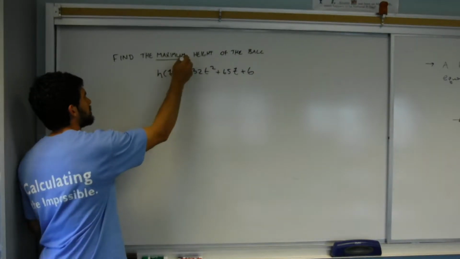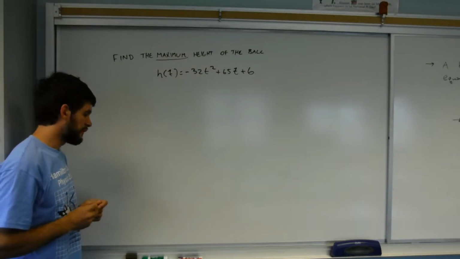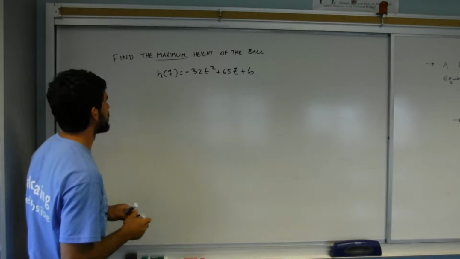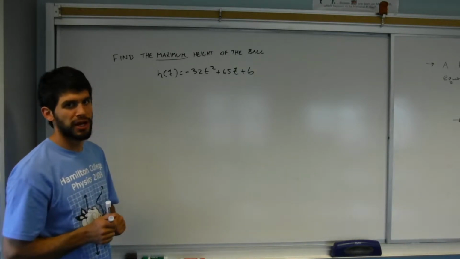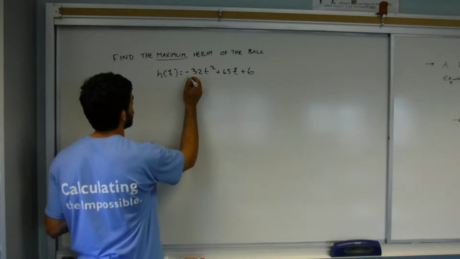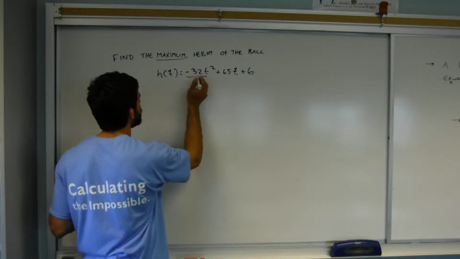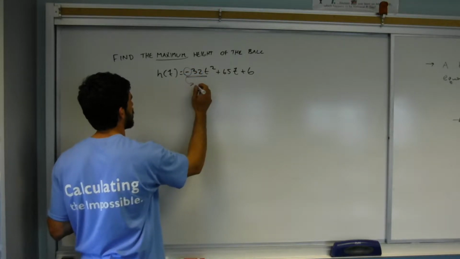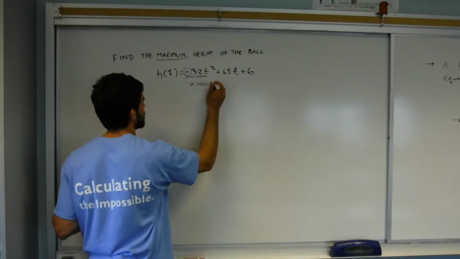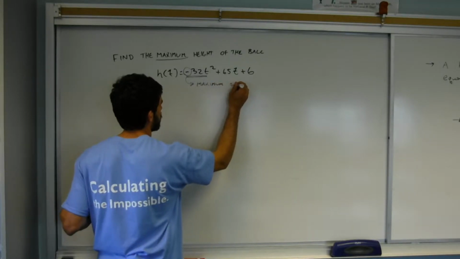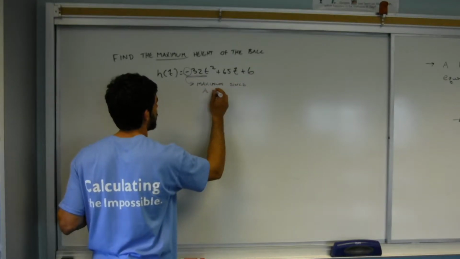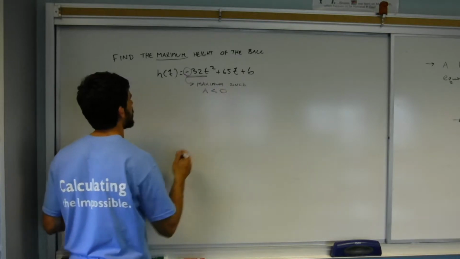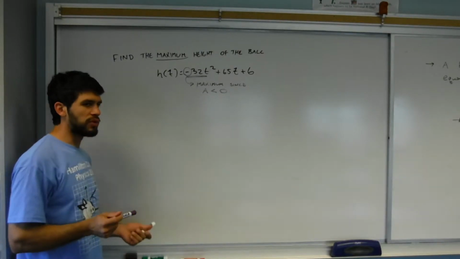So we see maximum. First, we want to confirm that this function is indeed going to have a maximum height. And to do that, we can say, okay, we have negative 32. We have a negative here, so that means that our quadratic function is going to have a maximum, since a is less than 0.